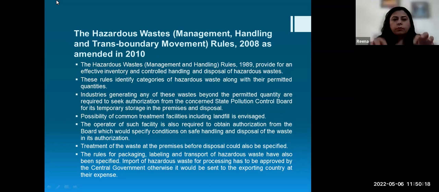So the operator of such a facility was again required to take environment clearance and authorization from the board, and it will have safe technology as well as specifications for safe handling.